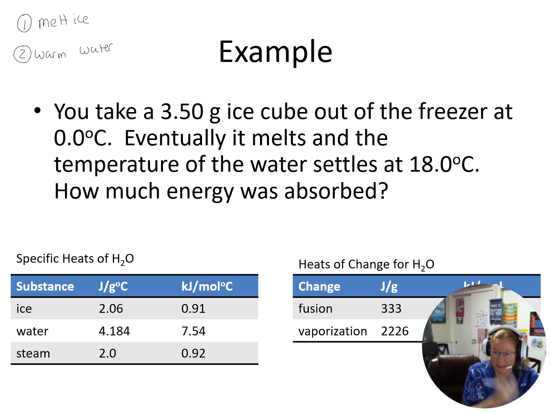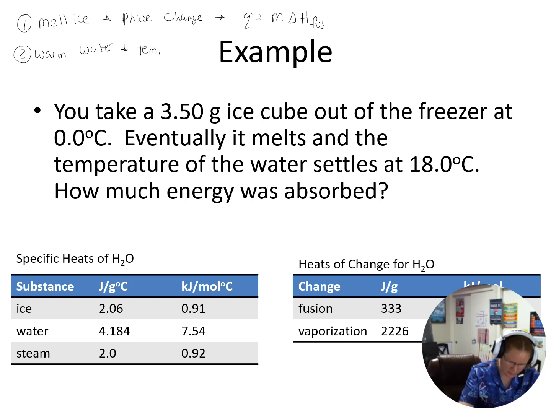Melting is a phase change, and that's where we're going to use the mass times the delta H. This is a phase change going from solid to liquid, so that's the delta H of fusion. Our next one, to warm the water, is not a phase change, it's a temperature change.